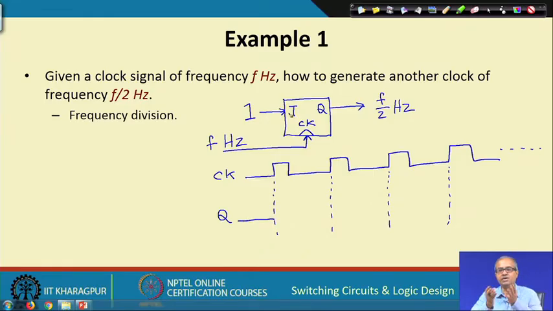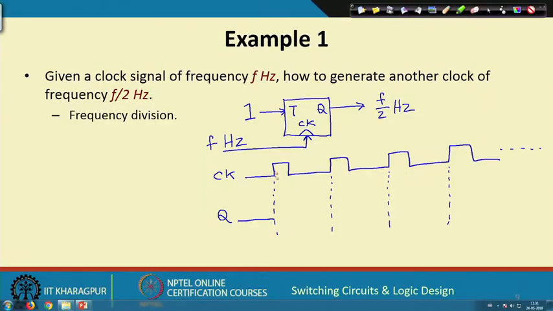What is a T flip flop? A T flip flop says that if the T input is 1 and a clock comes, the output will toggle. If it was 0, it will become 1, if it was 1, it will become 0. Here I am applying T continuously as 1.